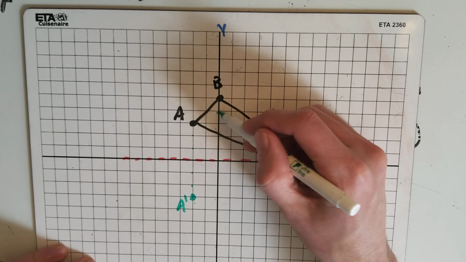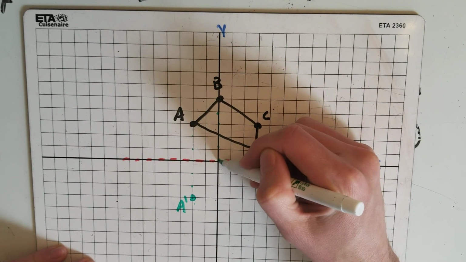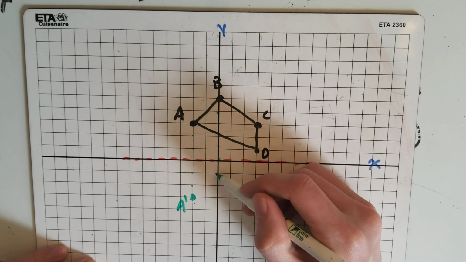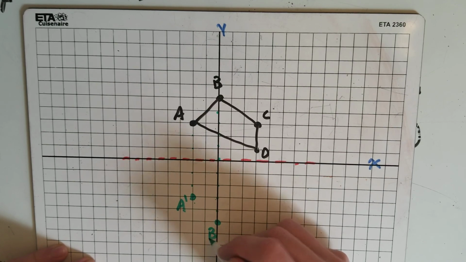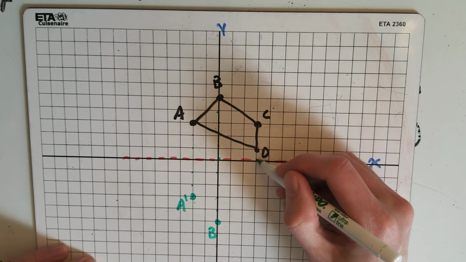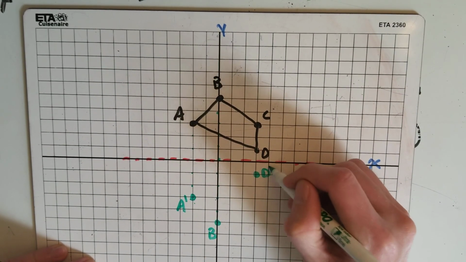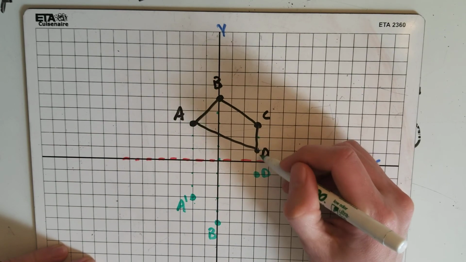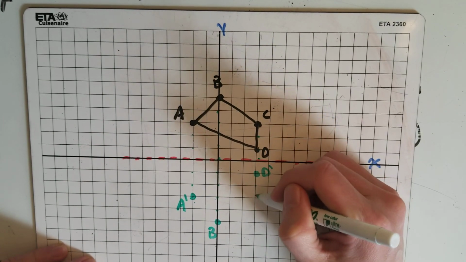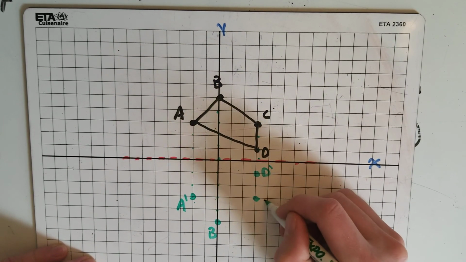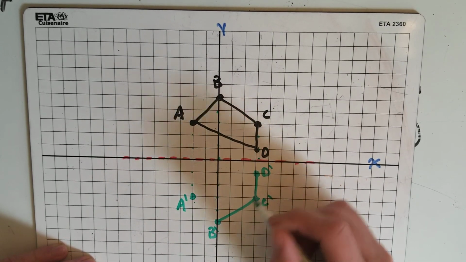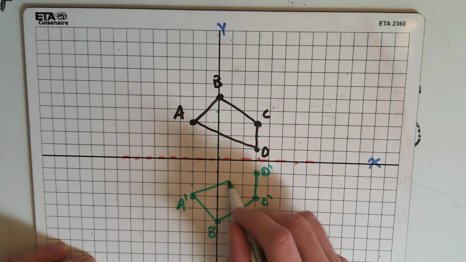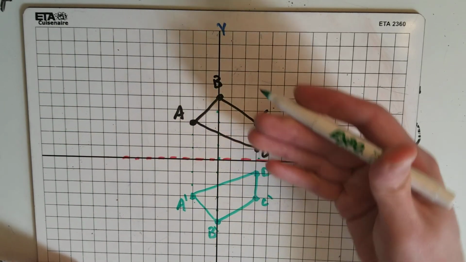Point B is 5 units away from the line of reflection, so it's going to be 5 units down here. Point D is 1 unit away, so it's going to be 1 unit away. There's D prime. And point C is 3 units away, so it's going to be 3 units down. There's C prime.